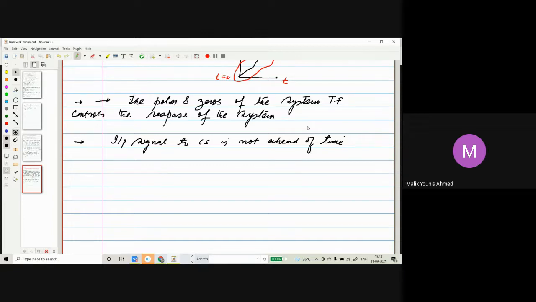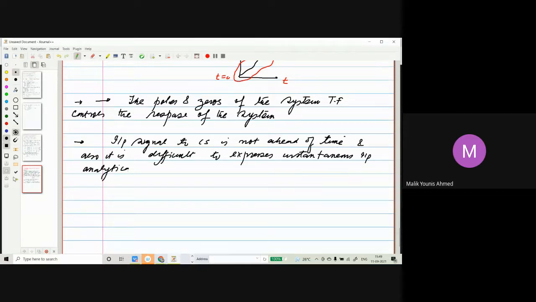That's not known ahead of time. And the instantaneous input, that is, at a particular time there will be some input, we cannot express that analytically. It is difficult to express the instantaneous input analytically.